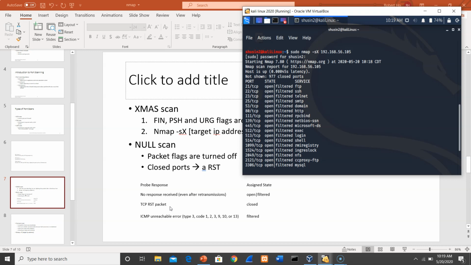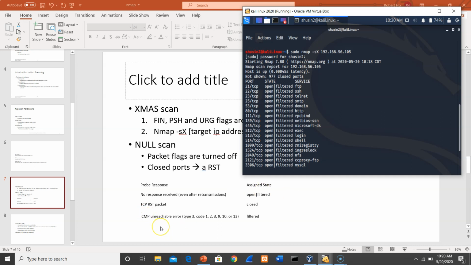And if we cannot reach the target machine, it will say filtered. It cannot determine, an ICMP unreachable error. It is filtered, so basically it has a firewall. We cannot determine whether it is open or closed. All right, so that's a Christmas scan.